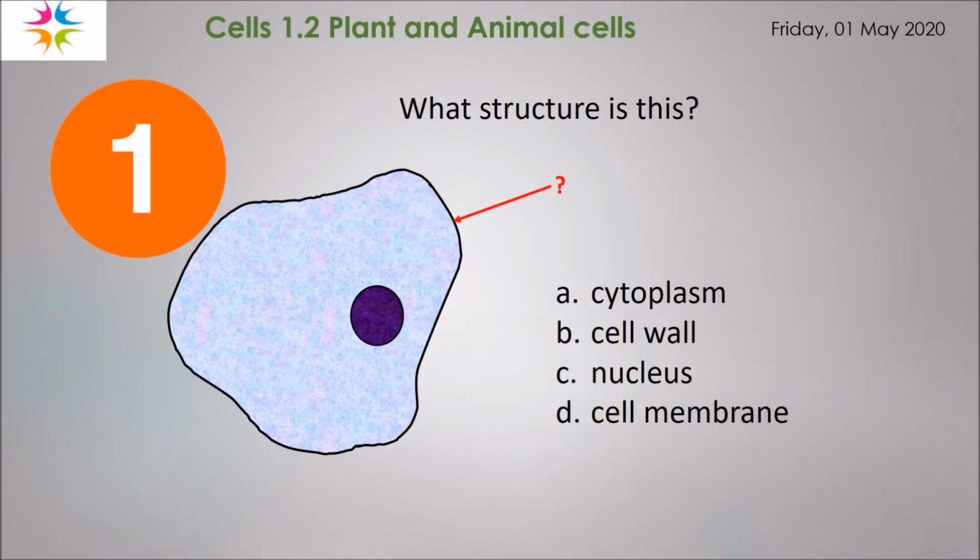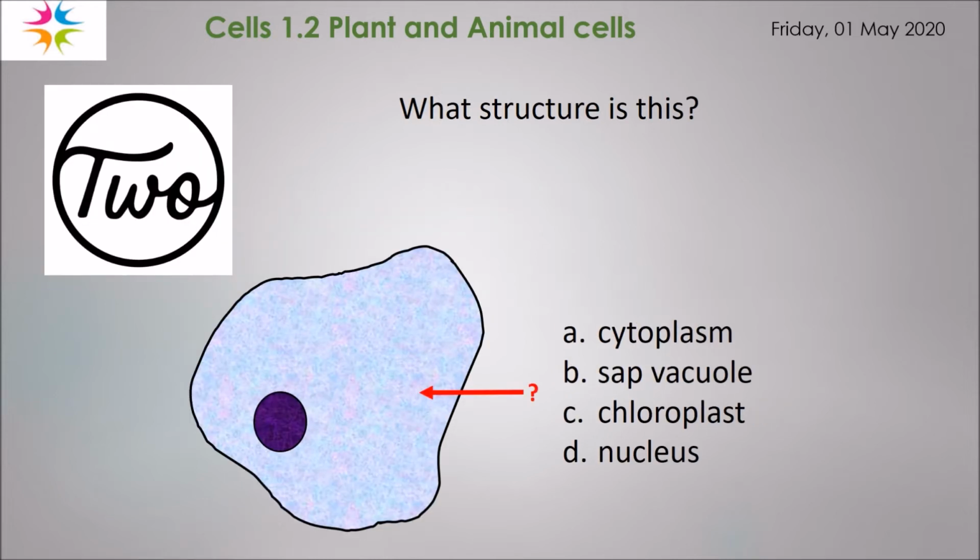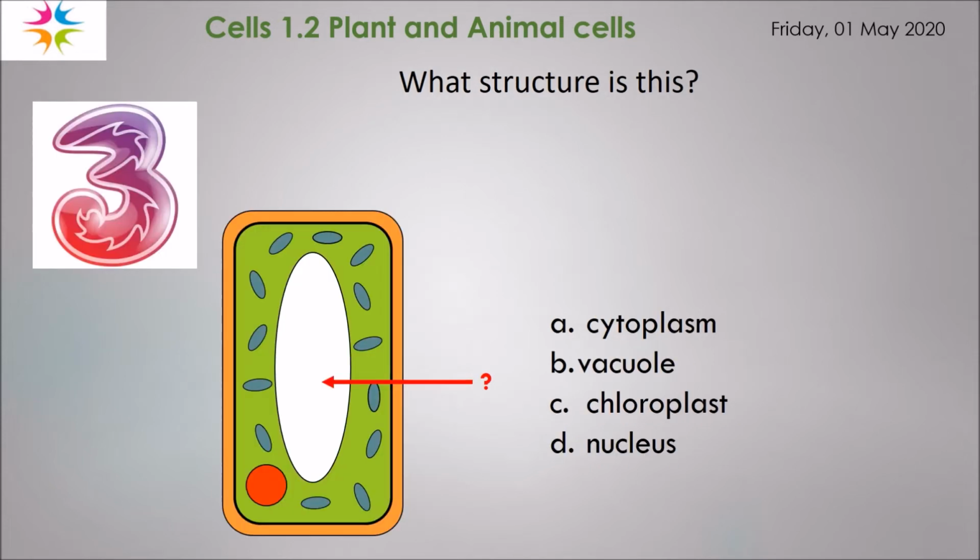What structure is this? Is it cytoplasm, cell wall, nucleus, or cell membrane? 2. What structure is this? Is it cytoplasm, sap vacuole, chloroplast, or nucleus? 3.